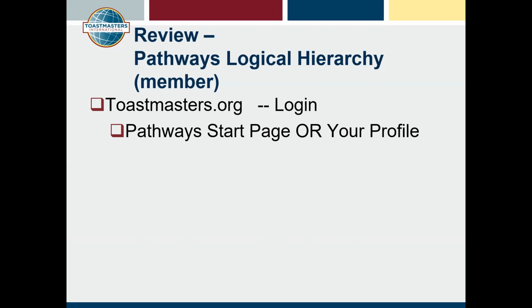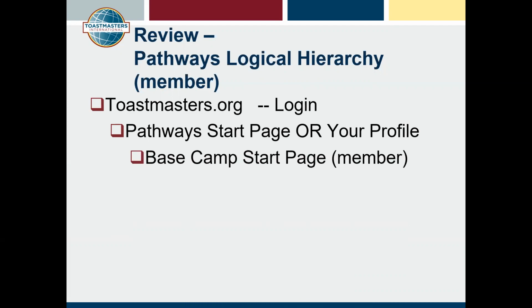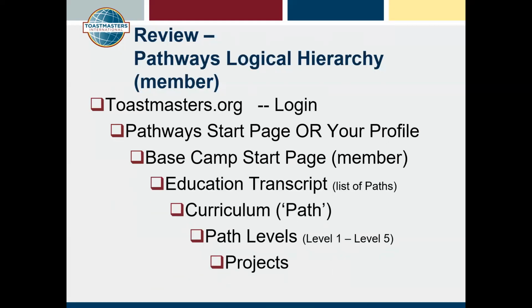That was new last summer. Then we get to the Basecamp start page as a member. And then of course we have our educational transcript, which has 1 or more paths, as well as other learning material that we've chosen to look at. We get to our different path levels and of course each individual project.